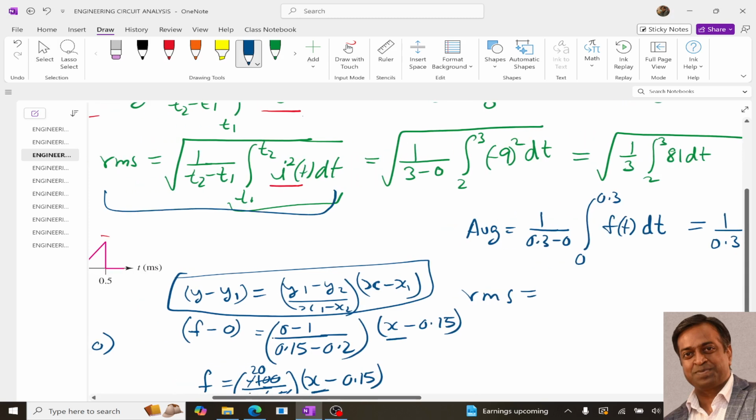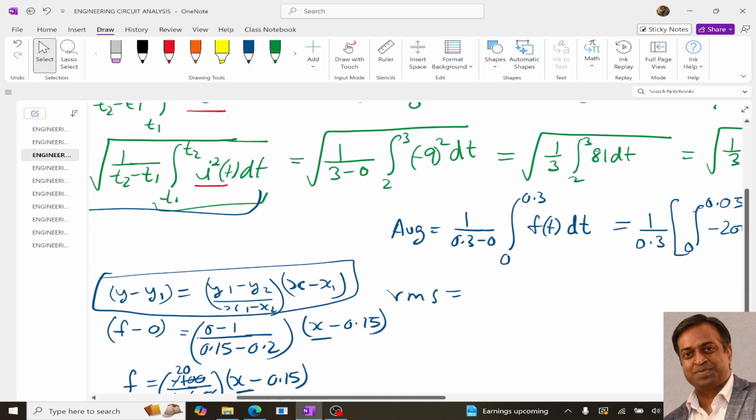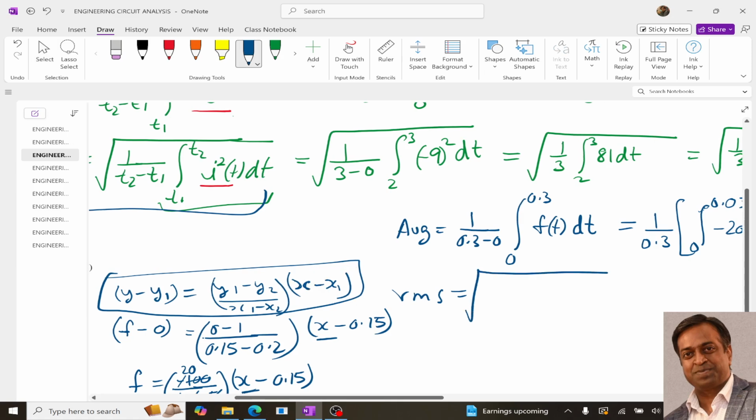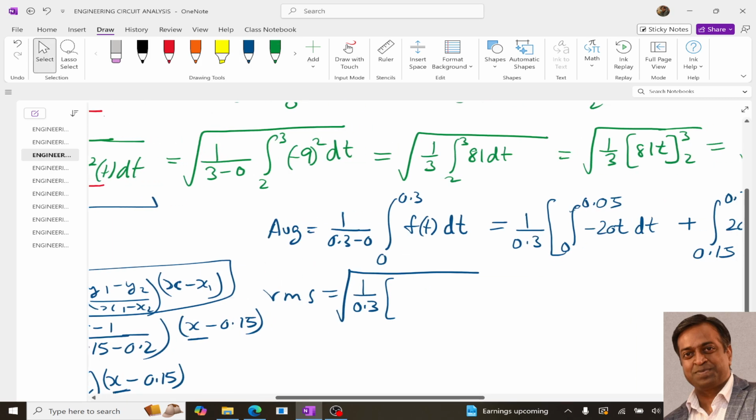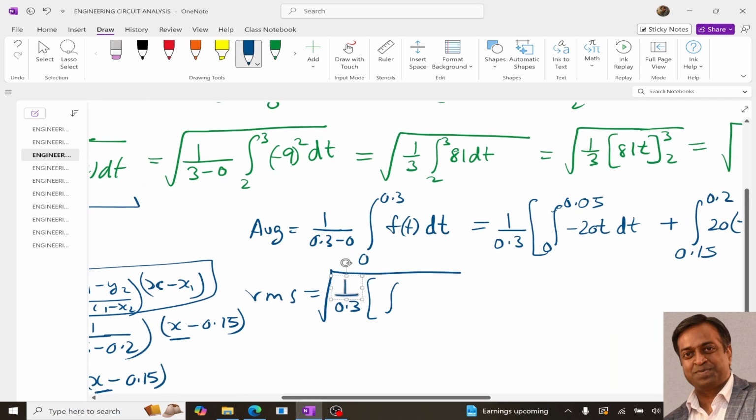So following the same formula, first under root, now 1 upon t2 minus t1, so it will be 0.3, right? Then integration. Now this integration again, it can be split into two parts, right? So directly I will write two parts. First part is 0 to 0.05, similar to this one, right?